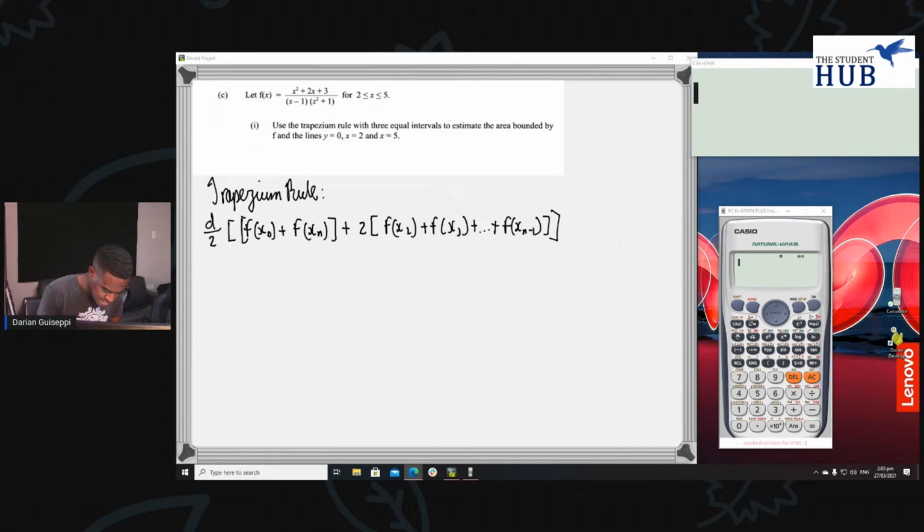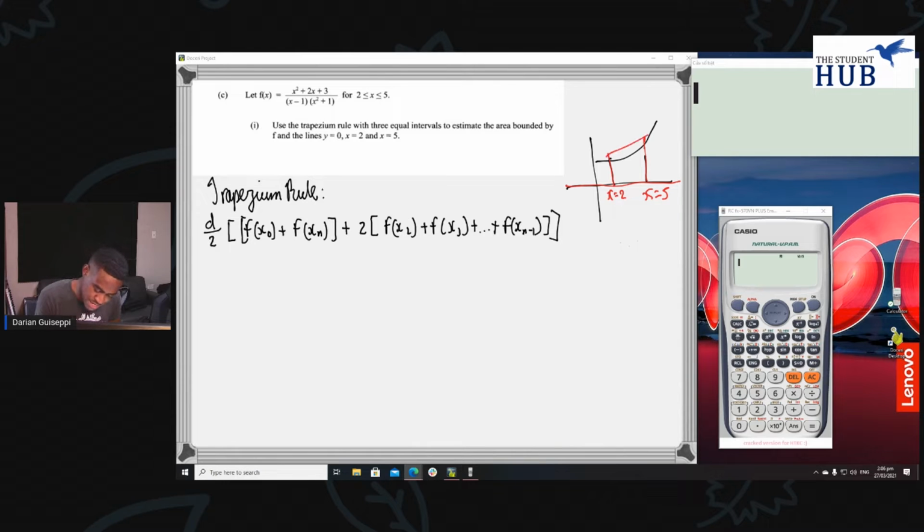When they say it's bounded by f, I'm just drawing a little sketch of what it might look like. f would be this line here, let's say some curve, which would be this function. The line y is equal to 0 would be here, and then we have the lines x is equal to 2 and x is equal to 5.